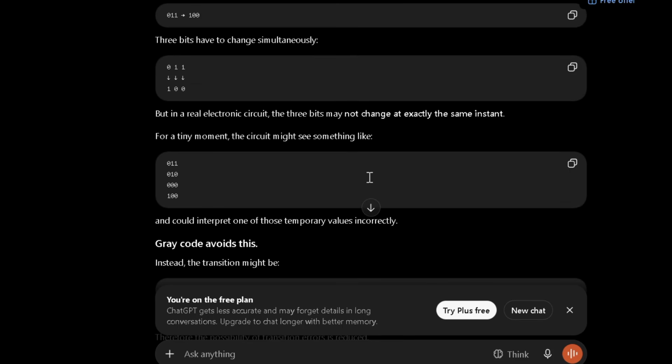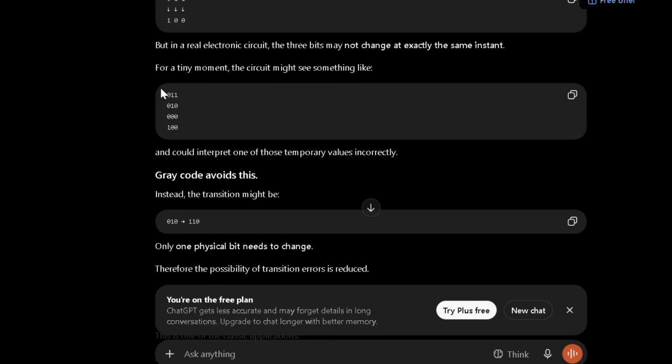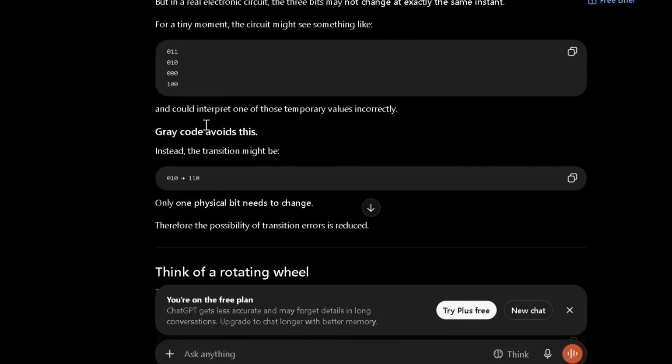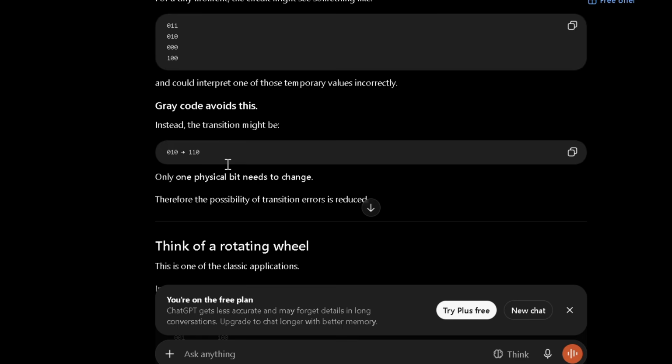For a tiny moment, the circuit might see something like 011, 010, and could interpret one of these temporary values incorrectly. Gray code avoids this. Instead, the transition might be 010 to 110. Only one physical bit needs to change, therefore the probability of transition errors is reduced.